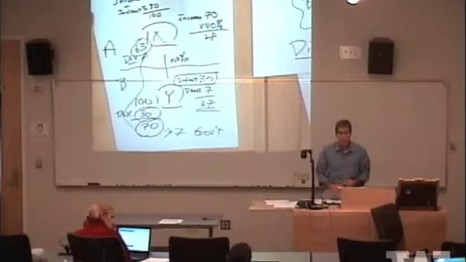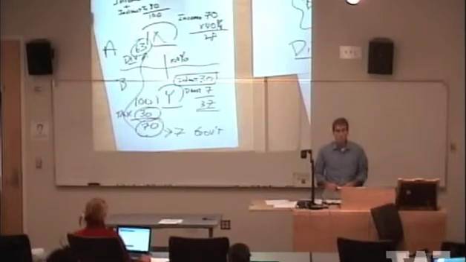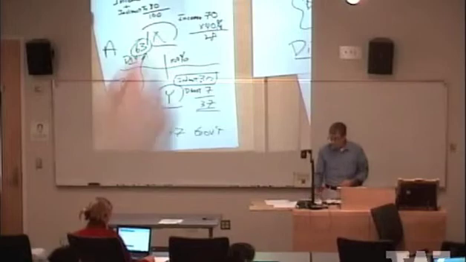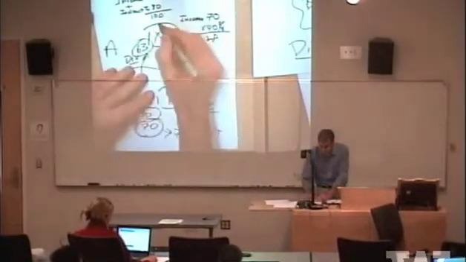Has anybody ever heard of the Section 78 gross up? I see some nods of heads. Okay, that's wonderful. That's what this Section 78 gross up is. It's just a simple accounting entry so that the debits equal the credits. Now, once you do that, you have taxable income of 100.